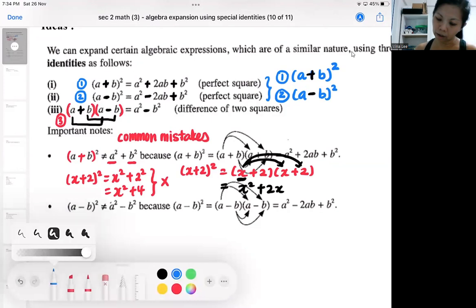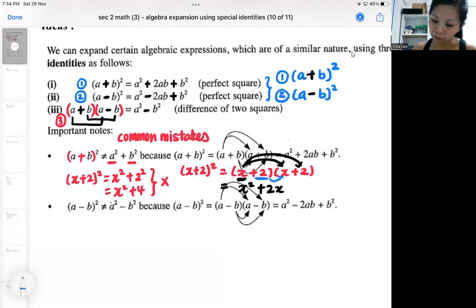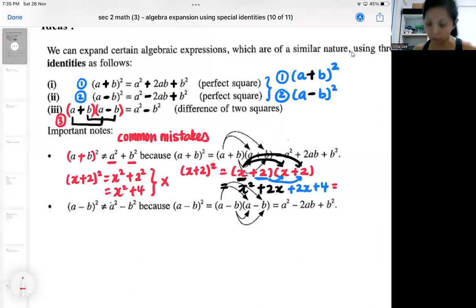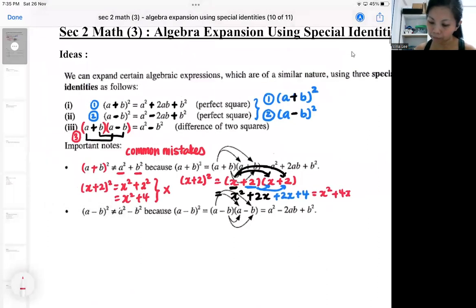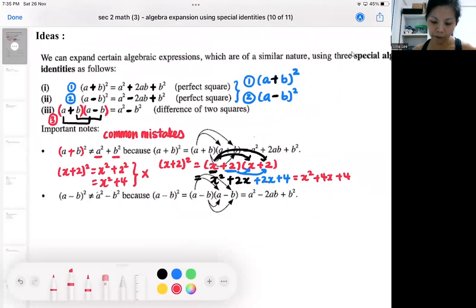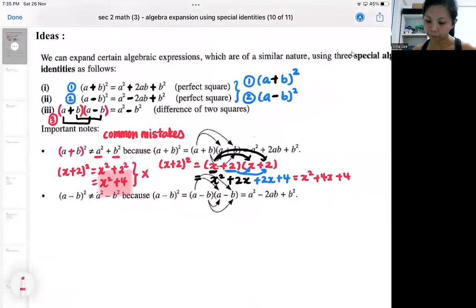Then you take the second guy and you multiply. In actual fact, if you do the normal arrow method, it should have given you this. So can you compare the difference here? A lot of people will make this common mistake.